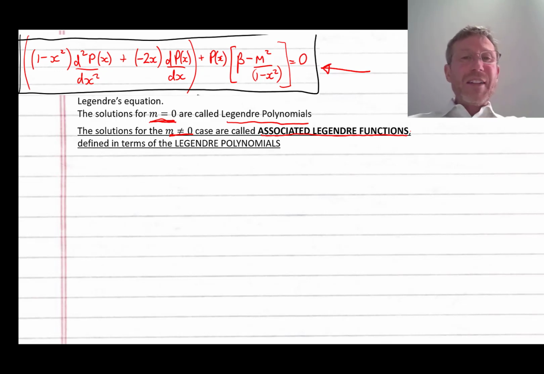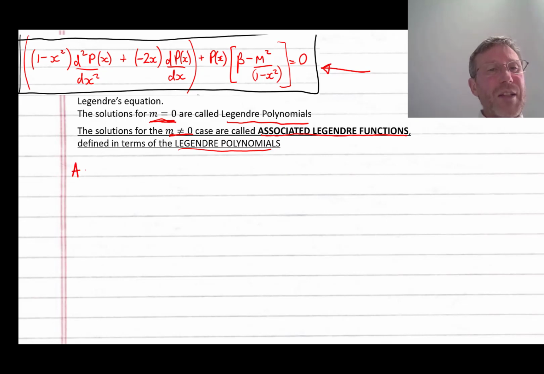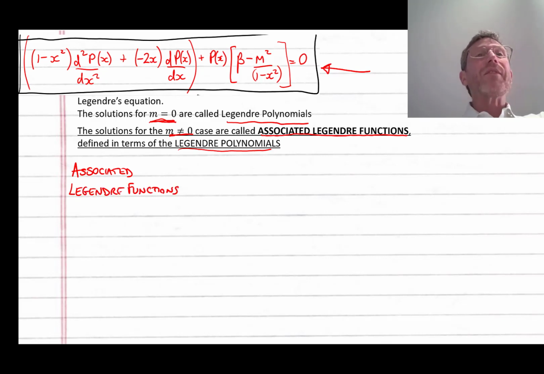These associated Legendre functions are defined in terms of the Legendre polynomials that we just introduced. So let me provide a general expression for this equation. I'm going to say here, these are the associated Legendre functions.